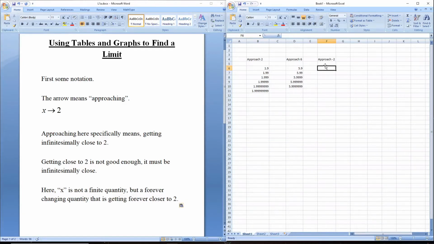And we want to do this in a way that expresses this idea of getting infinitesimally close. So from the left, we could do something like minus 2.1, minus 2.01, minus 2.001, and just get more and more zeros in there to express the idea that we're getting closer and closer to minus 2.